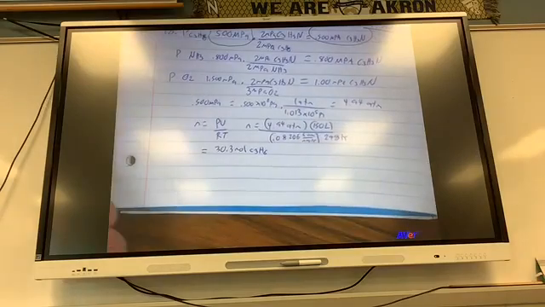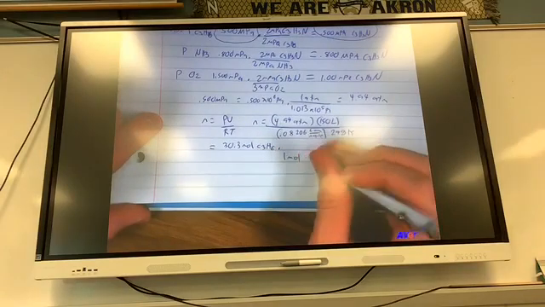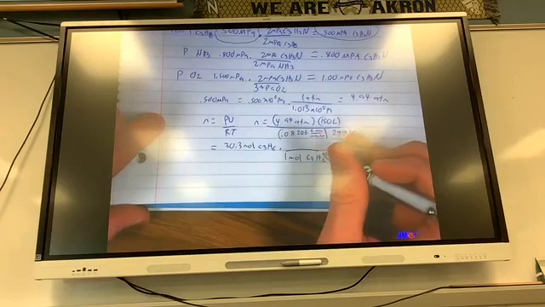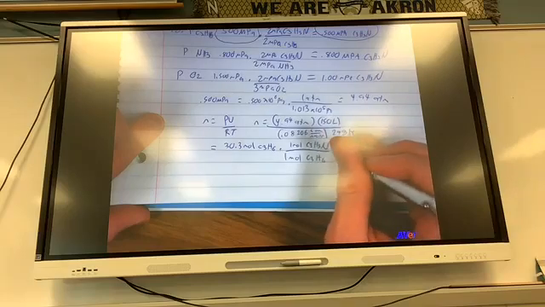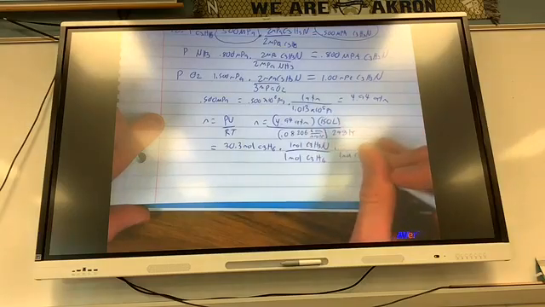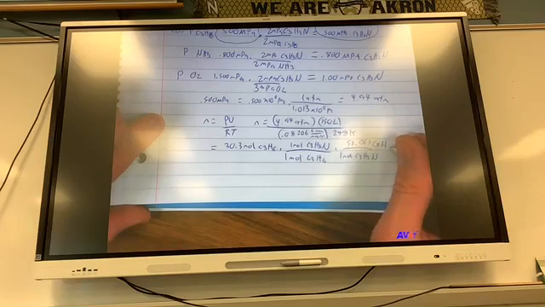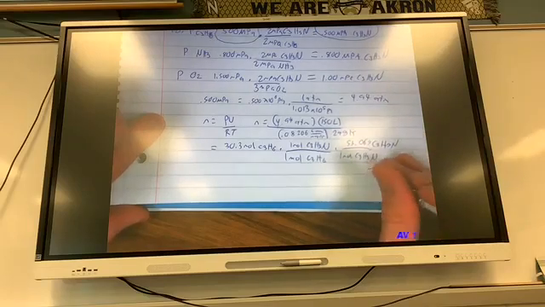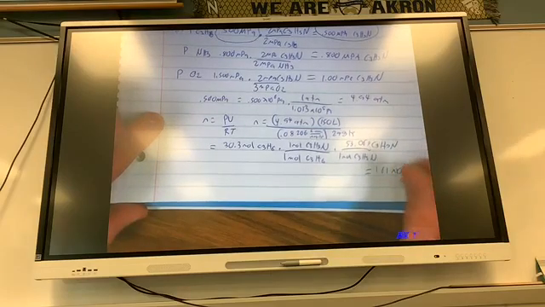But they didn't ask for moles of C3H6, they asked for grams. So, stoic step, every 1 mole of C3H6 is to 1 mole of C3H3N, and 1 mole of C3H3N is 53.06 grams of C3H3N. So I ended up getting 1.61 times 10 to the 3rd grams of C3H3N.